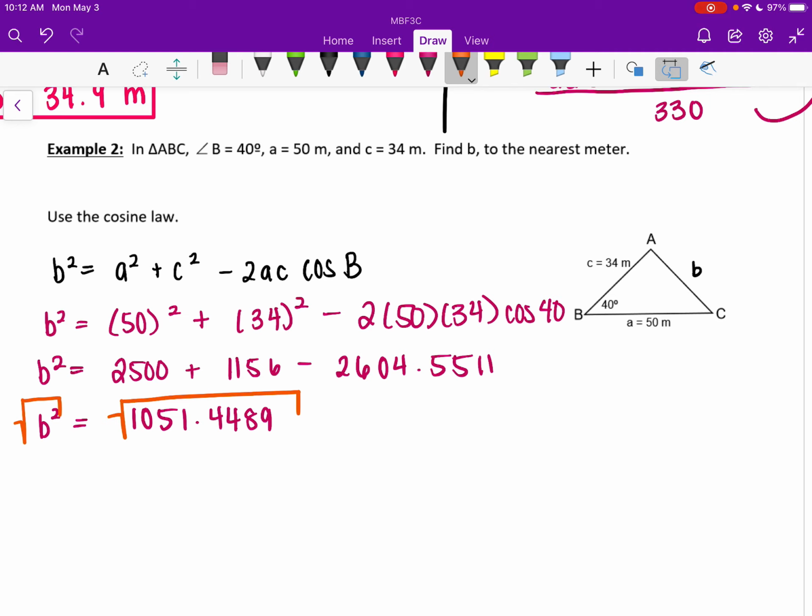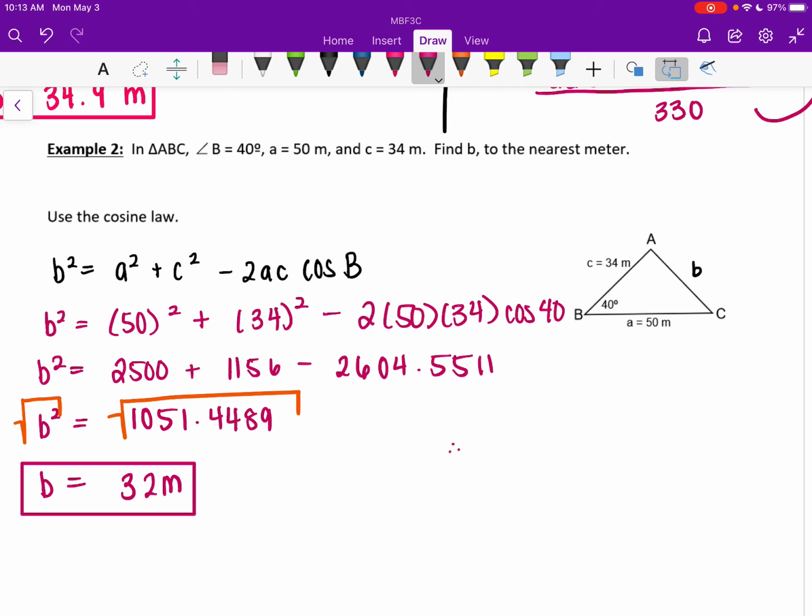So I'm left with B is equal to the square root of 1051.4489, which is 32.426, so I'm just going to leave it at 32.4, right? Or it says to the nearest meter, so it would just be 32. So 32 meters.